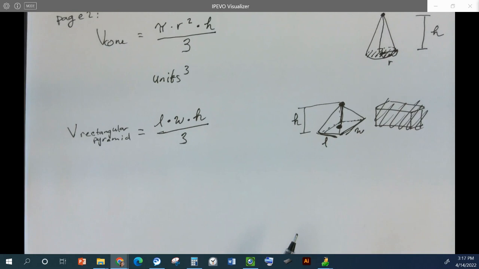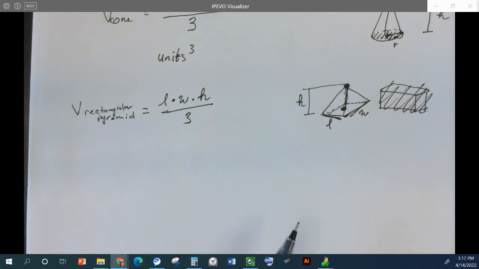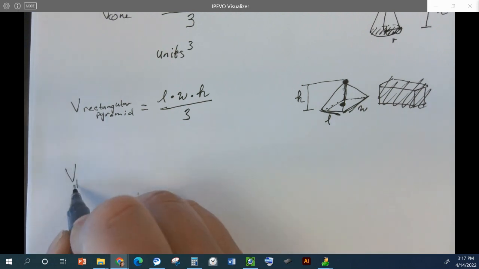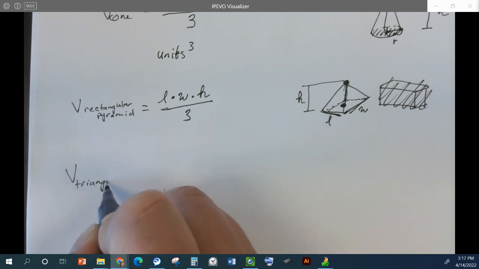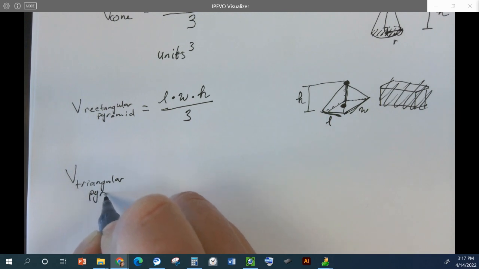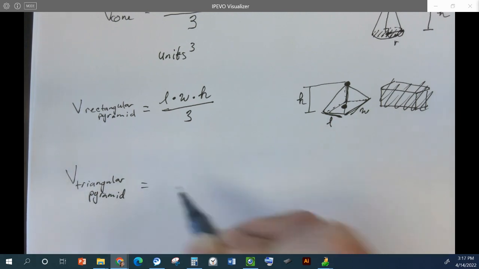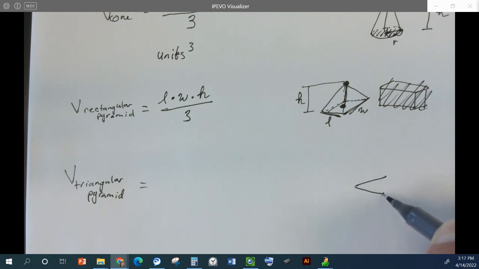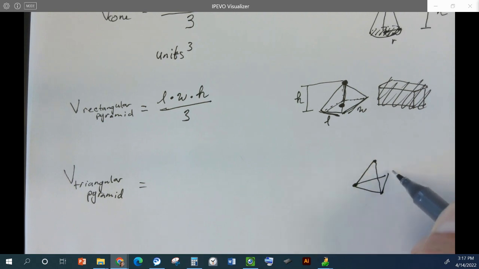All right. Okay, then the last type of problem on page 2 is a triangular pyramid. There's a triangle on the bottom, and then all of these sides come up from the edges.